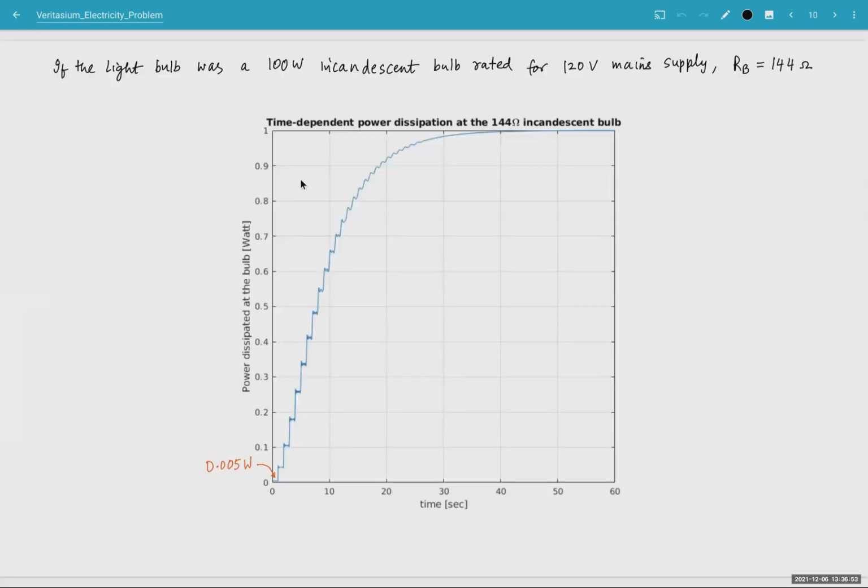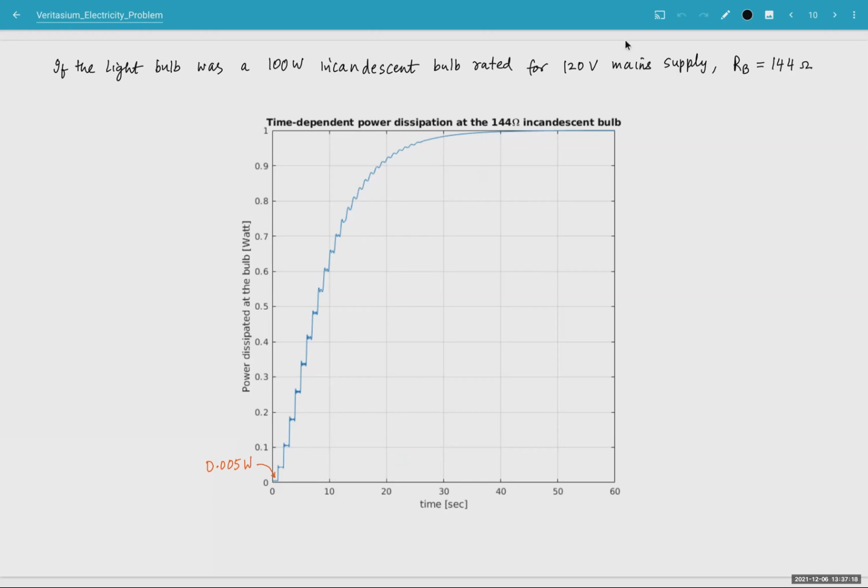As you can see, because it has a larger resistance, the time constant L over R_B is much smaller. So the power dissipated in the bulb rises much faster, not on a 600 second time scale, but in a few tenths of a second.